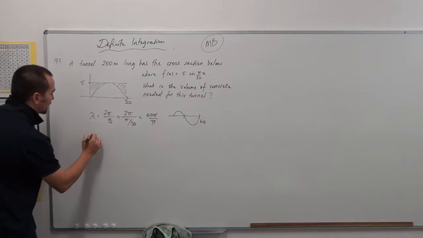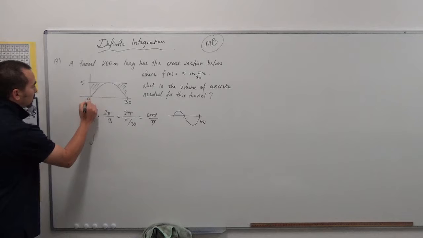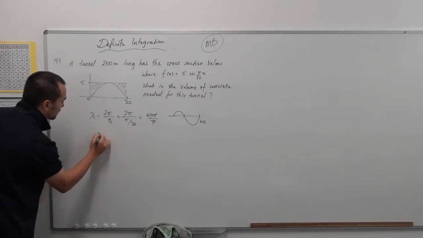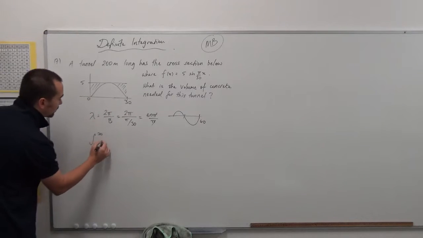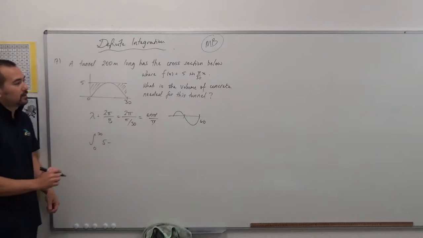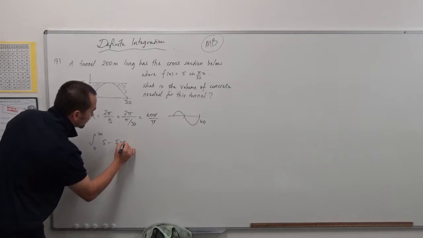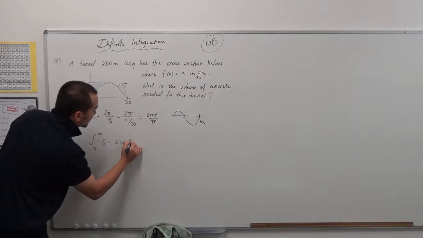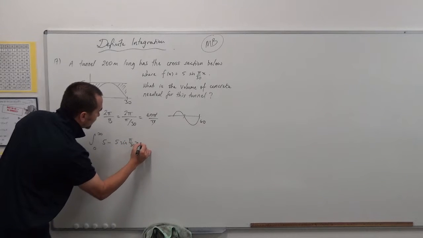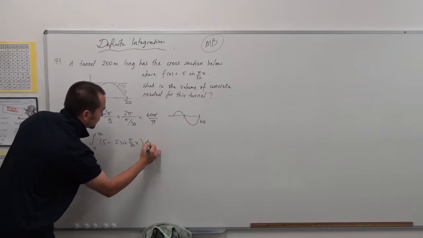So now we have the integration from 0 to 30 of the function 5, take away 5 sine pi on 30x, dx.